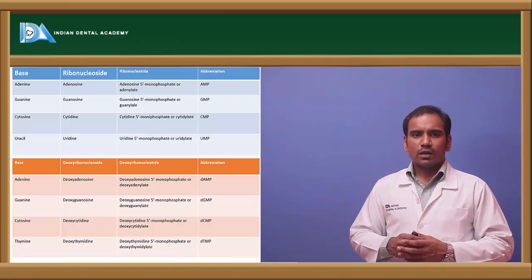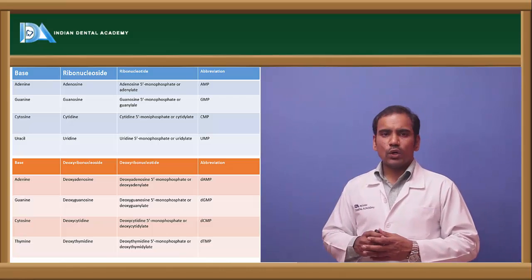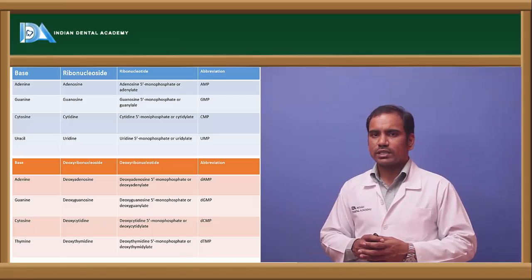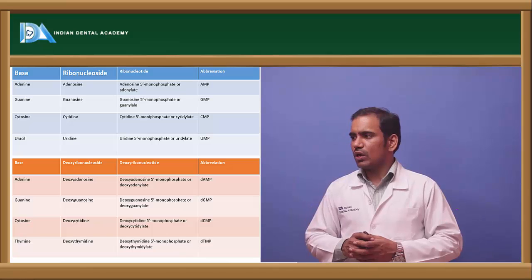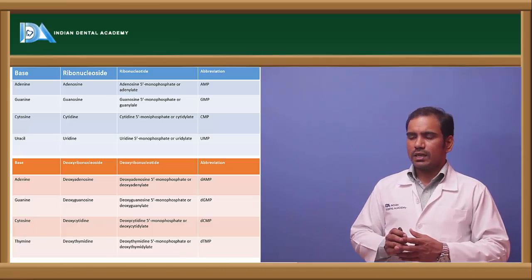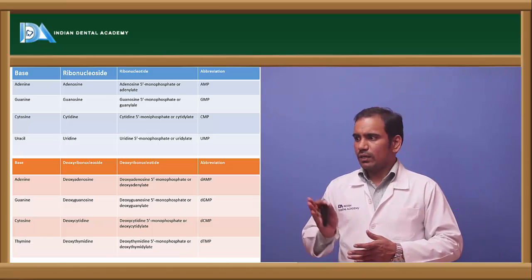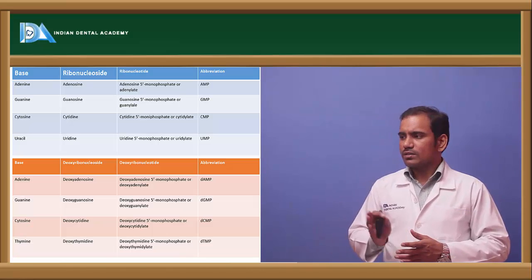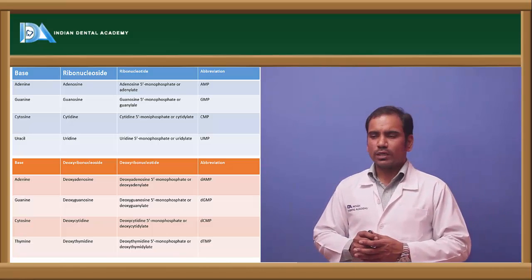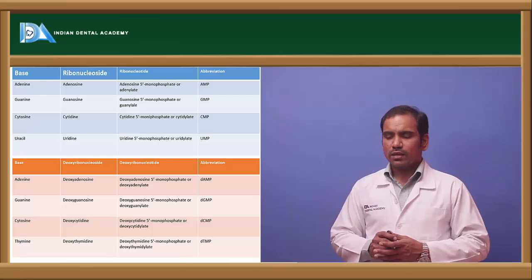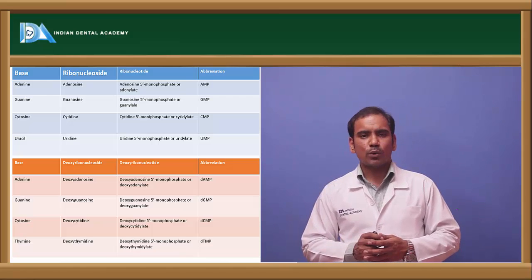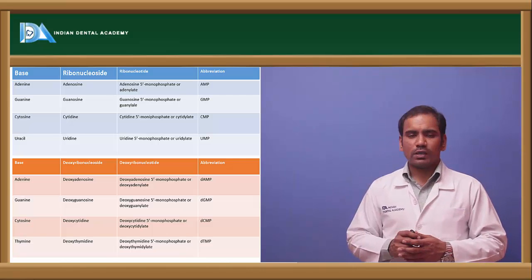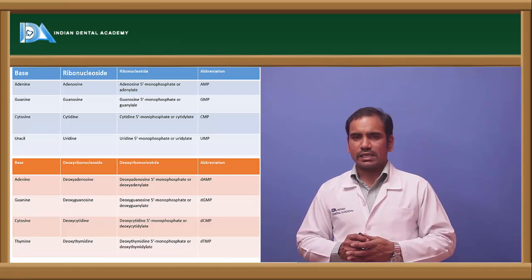Guanine with the deoxy sugar becomes deoxyguanosine, and with phosphate it is deoxyguanosine monophosphate, dGMP. Cytosine with deoxy sugar is deoxycytidine, and with phosphate it is called deoxycytidine monophosphate, in short dCMP.